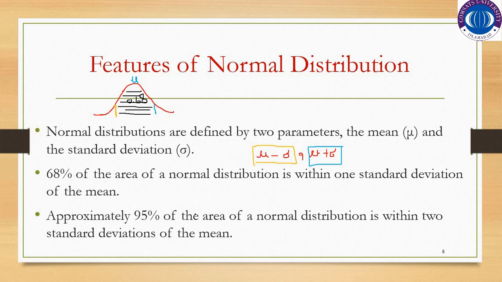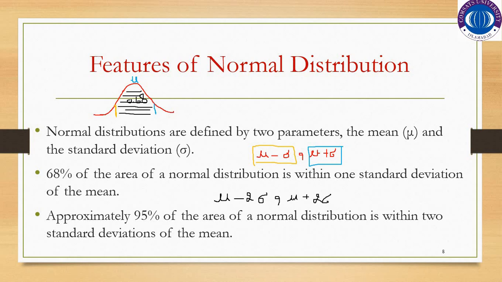And next they are saying that approximately 95% of the area of a normal distribution is within two standard deviations of the mean. When they say within two standard deviations, it means mu minus 2 sigma and mu plus 2 sigma.